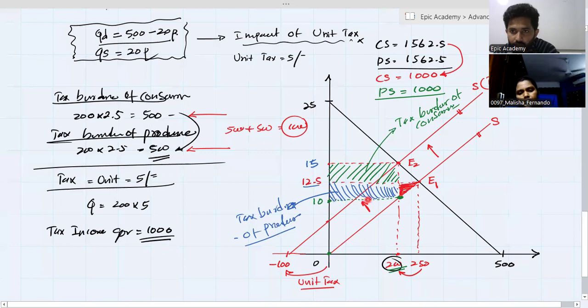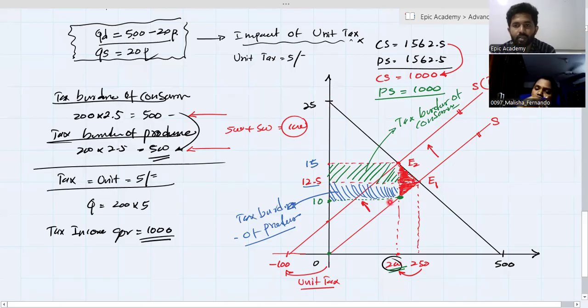Again, look at this one. 25, 12.5, Q1 was the consumer surplus before the tax. After imposing the unit tax, what happened? It reduced to 15, 25, T2. So we know that this becomes the tax burden of the consumer.